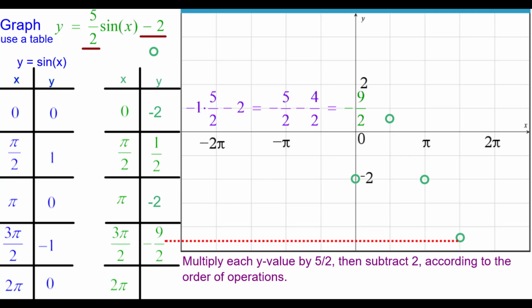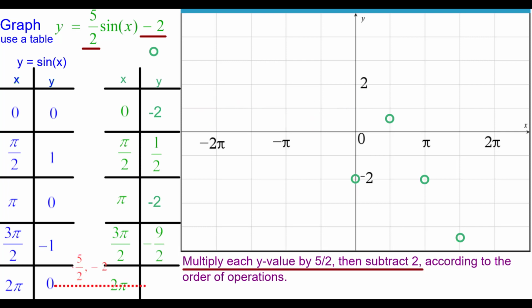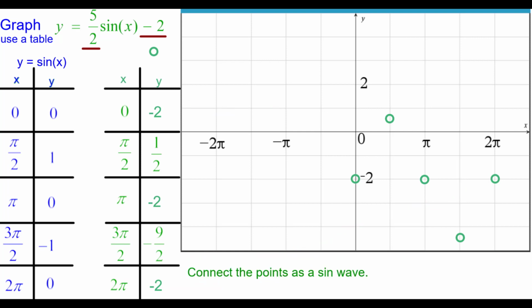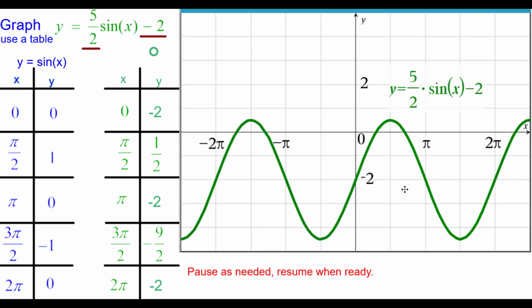So we'll plot 3 pi/2, comma, -4.5. And 0 times 5/2 minus 2 is still -2, 2 pi, comma, -2. Connect the points as a sine wave, frown, and then a smile. And then we can just take it as far as we can in this graph. Pause if needed.